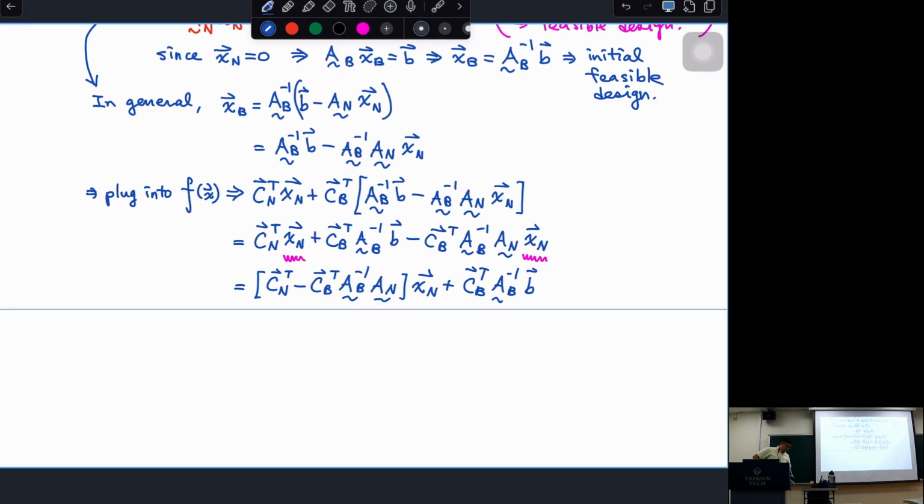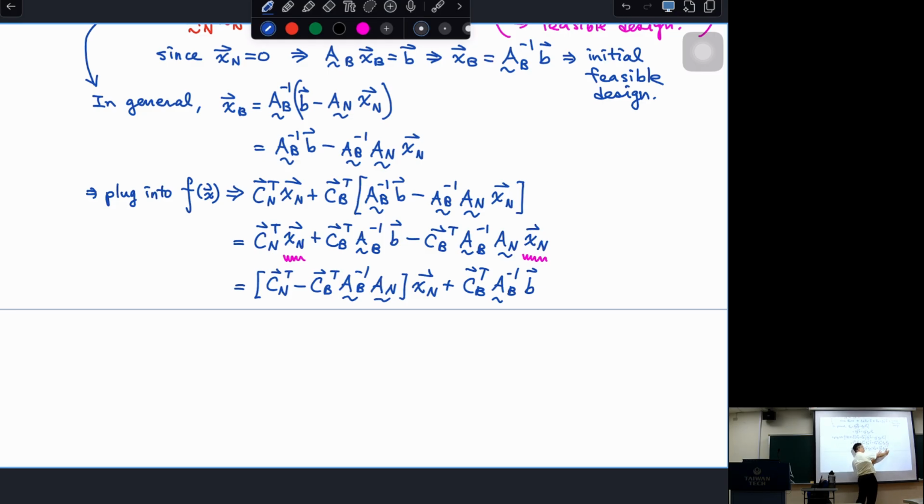now let's observe what this equation is about. C comes from the coefficient of the objective function. A comes from the coefficient of the constraints. Small b comes from the right-hand side of the constraints. So this chunk is just a bunch of constant values.